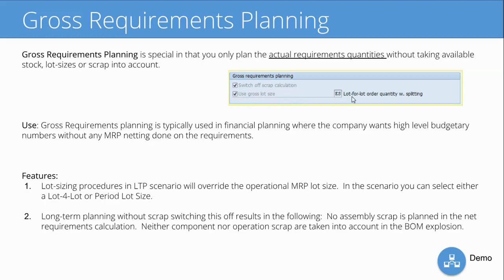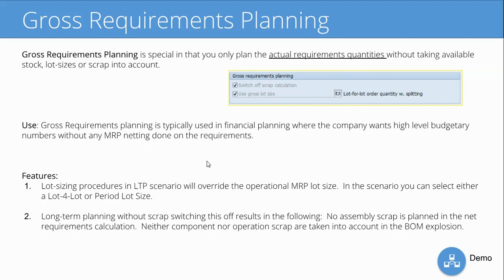So for example, if you're using a period lot size, or one of the special lot sizes, any type of rounding values or anything like that, for gross requirements planning you don't typically want that. Like I said, you want an exact one-for-one with the requirements. So this is an opportunity to actually use a different lot size than the operational lot size.